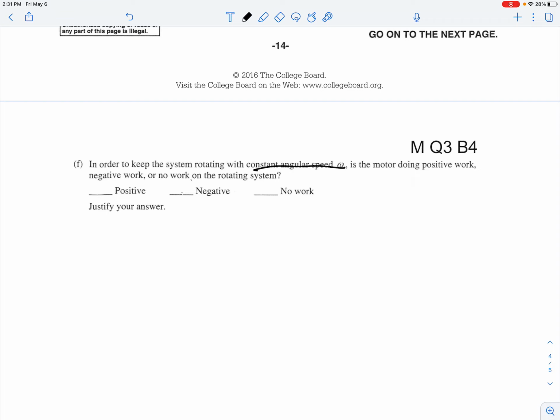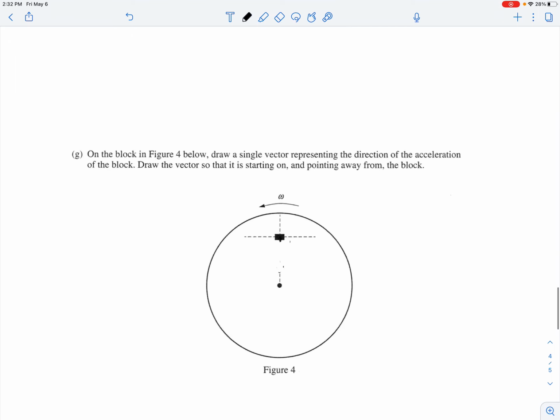If you reduce the angular momentum of something that's spinning, then the angular speed should increase. The fact that the angular speed isn't increasing means you have to apply something to make sure this thing is going slower, which means the motor should be doing negative work. Hopefully that made sense. You could replay that statement again because I don't want to make the video too long.